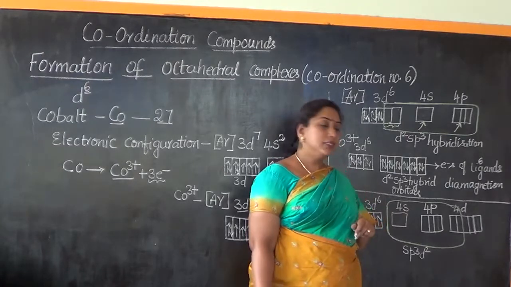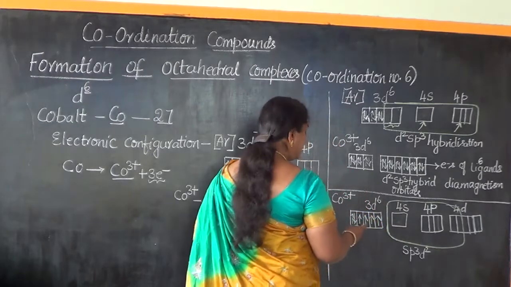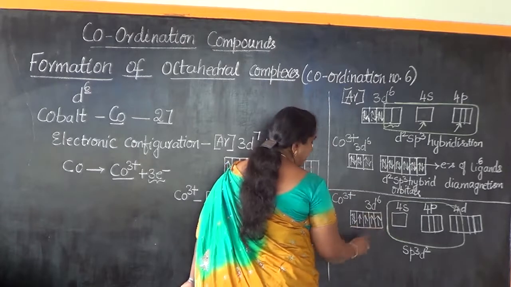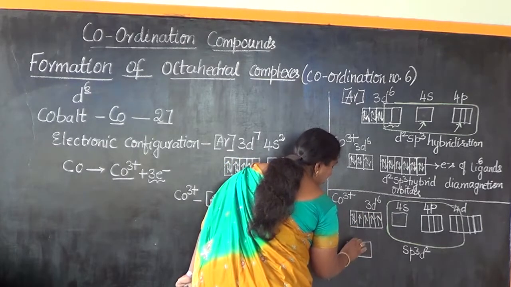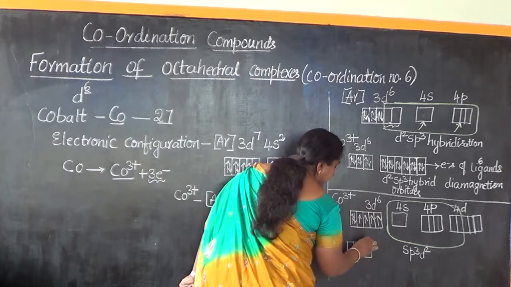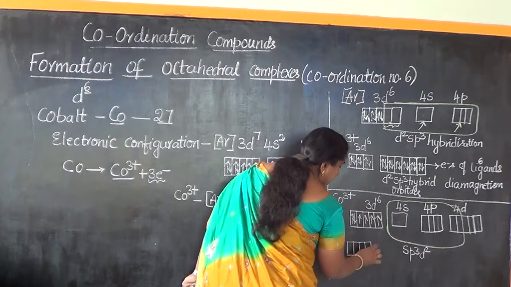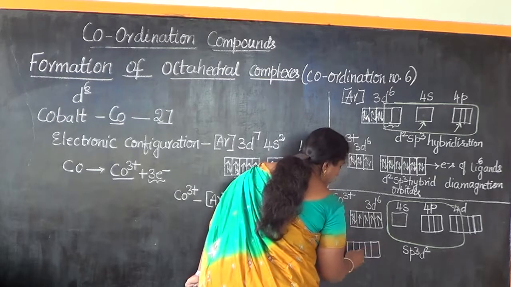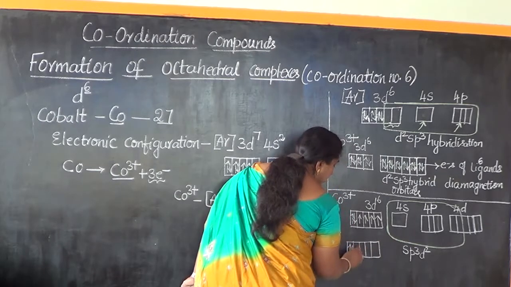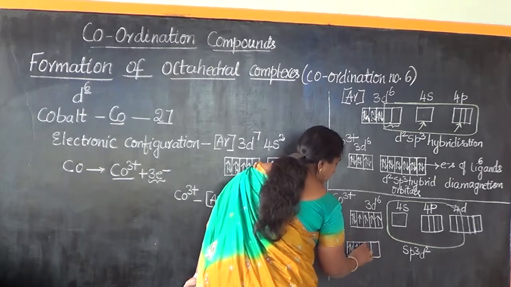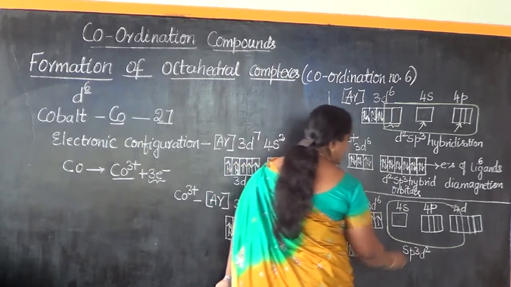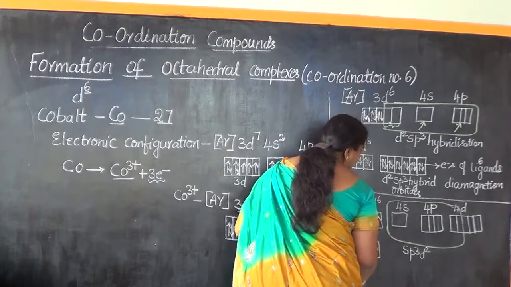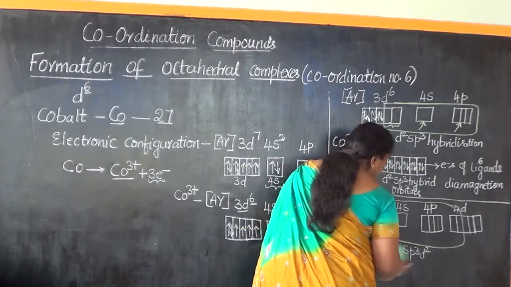Now what will happen to these hybrid orbitals? The d electrons remain as they are, so let me write them. The first orbital contains paired electrons and the remaining 4 contain unpaired electrons. Now let us club all of this together.